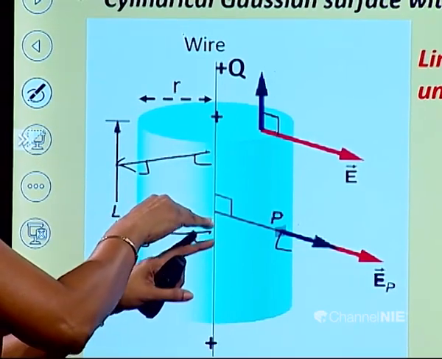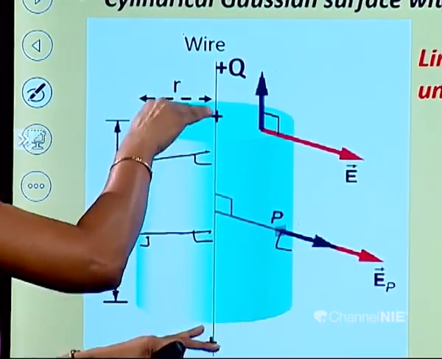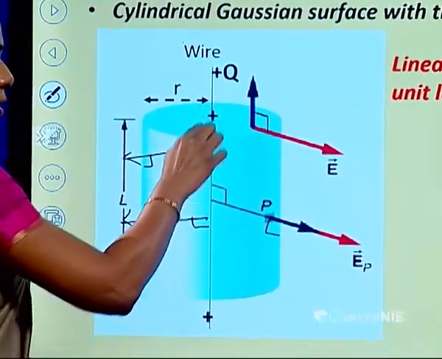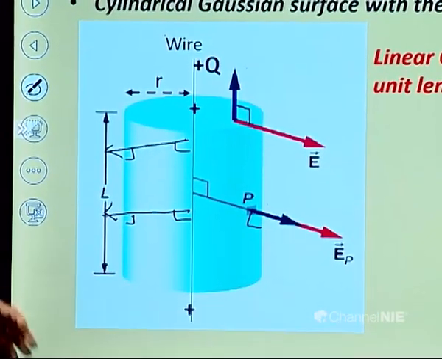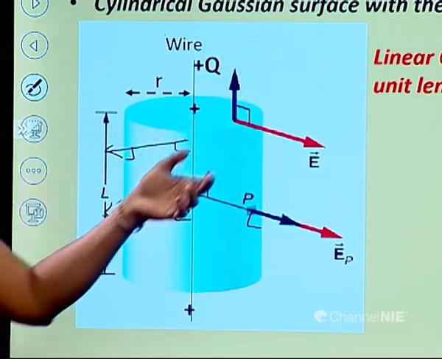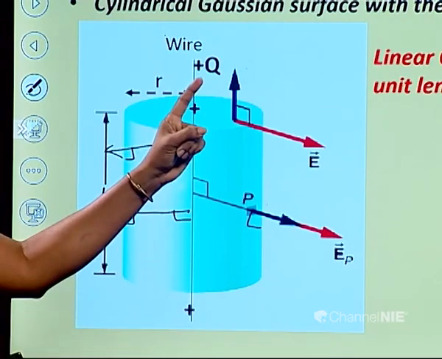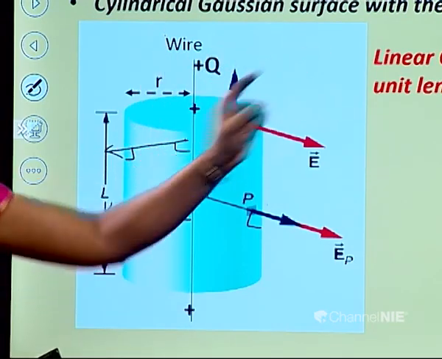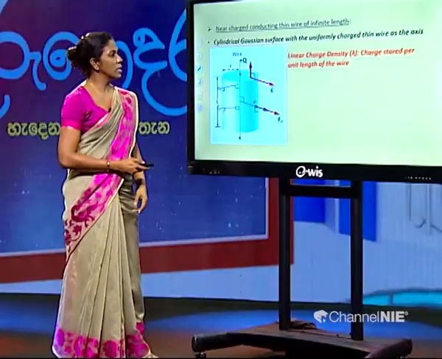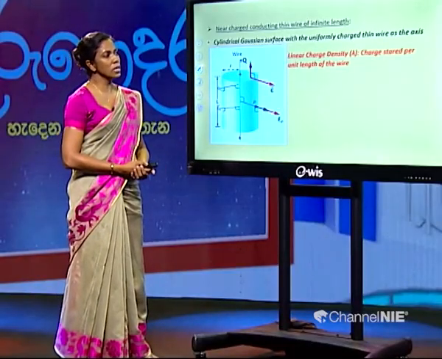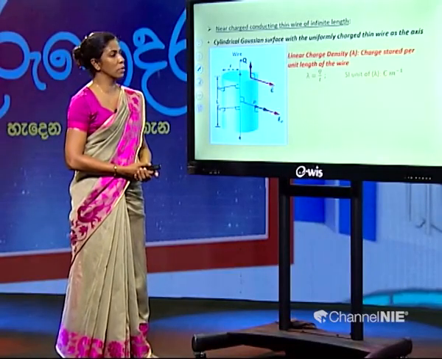So, I need to know the charge enclosed by the Gaussian surface here. For that we introduce a property called linear charge density, because the charges are distributed along the length of the wire. So, we use the word linear charge density, which is defined as the charge stored per unit length of the wire.